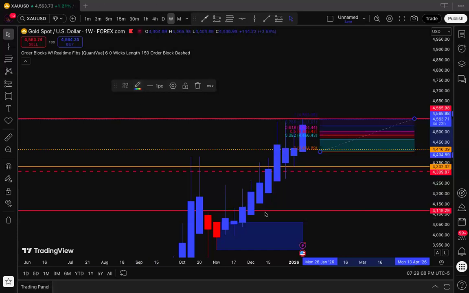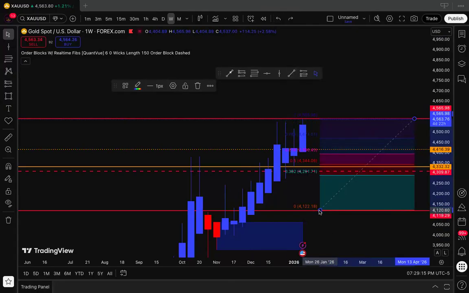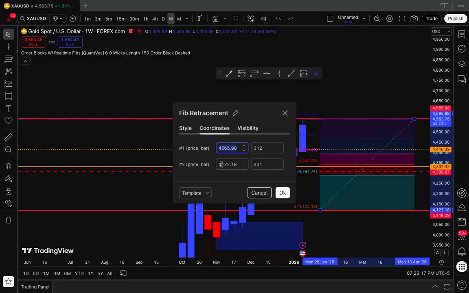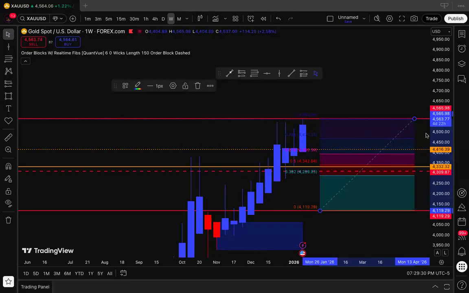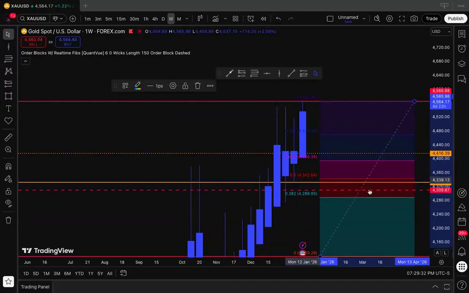I'm looking at the weekly. The low is 41.19.29. Sorry. So this is how your monthly should be readjusted.